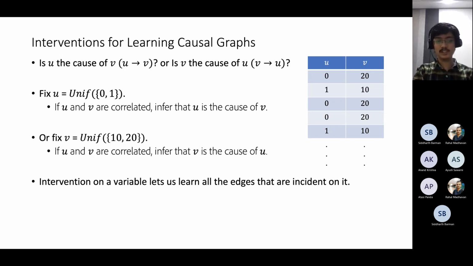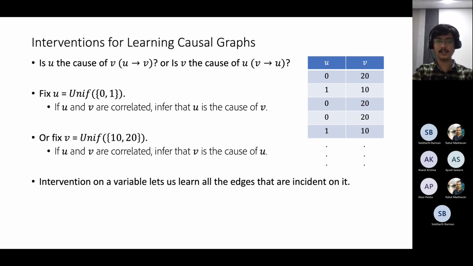So now, in general, intervention on a variable lets us orient all the edges that are incident on it. I'll define on the next slide that we can infer whether some edge is present between two variables or not using just observational data, but may not be able to infer their directions.